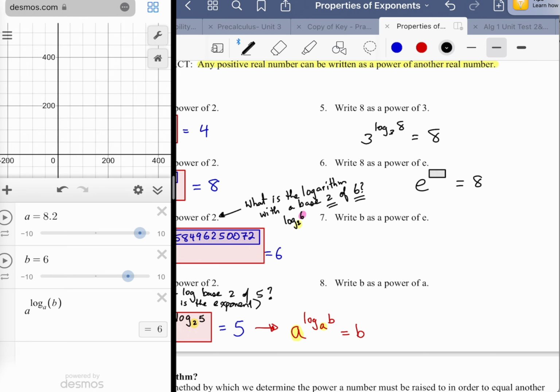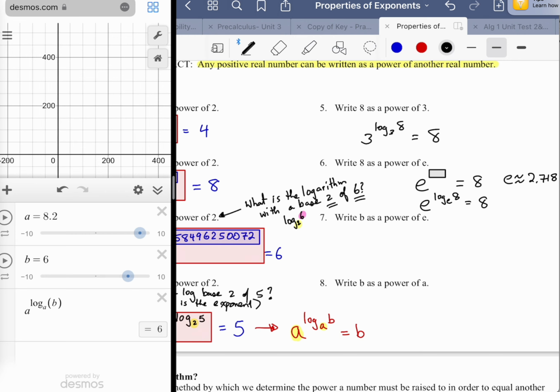All right. So we could go the trial and error route, but if we know that e is some number, approximately 2.718, then the rules would still apply. All right, the rules that we just came up with would still apply. All right, so I would just write this as e raised to the log base e of 8.